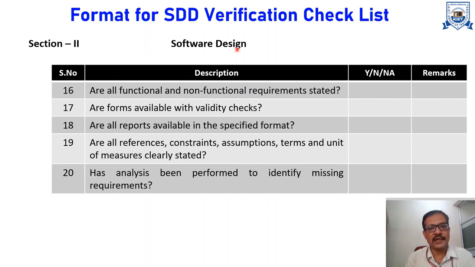Under software design, the questions may be: are all functional and non-functional requirements stated? Are forms available with validity checks? Are all reports available in the specified format? Are all references, constraints, assumptions, terms, and units of measure clearly stated? Has analysis been performed to identify missing requirements?